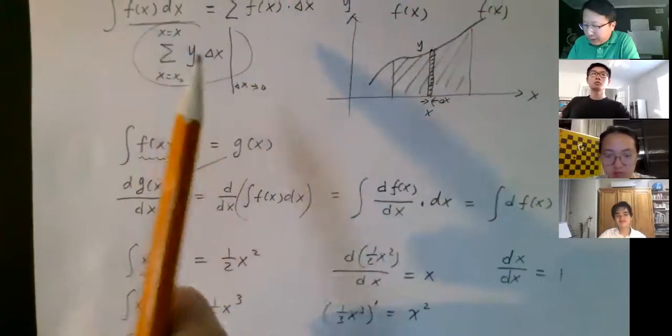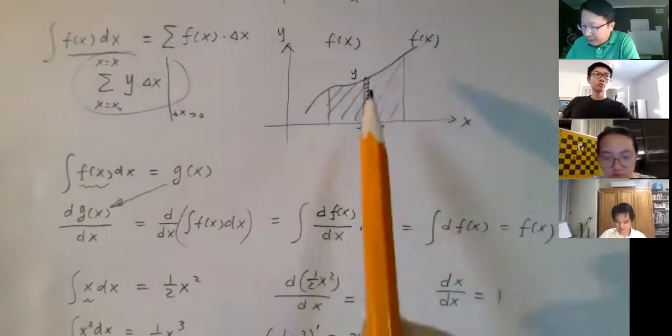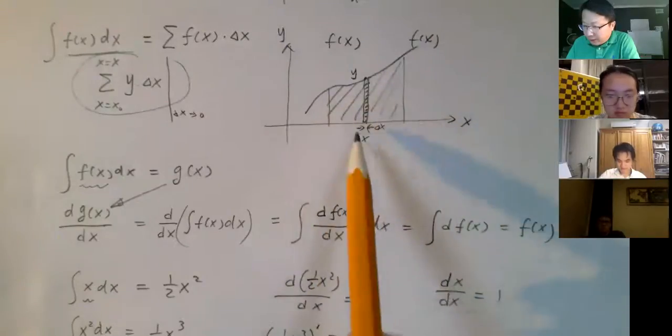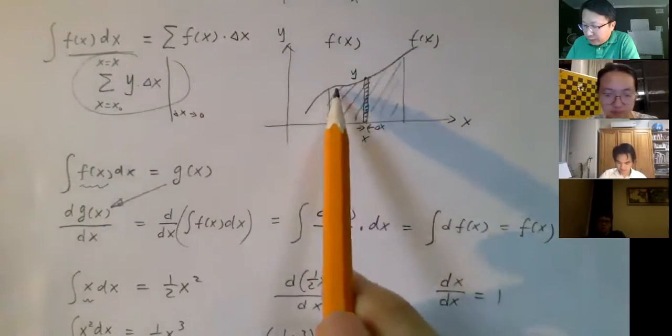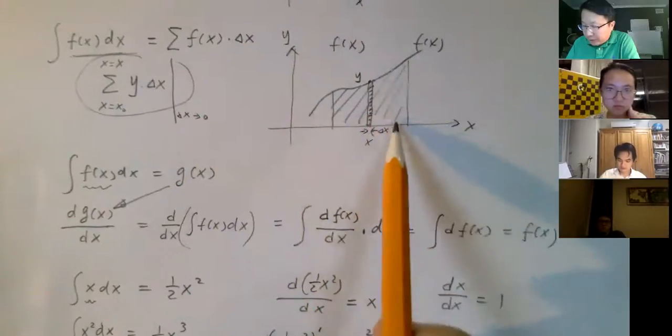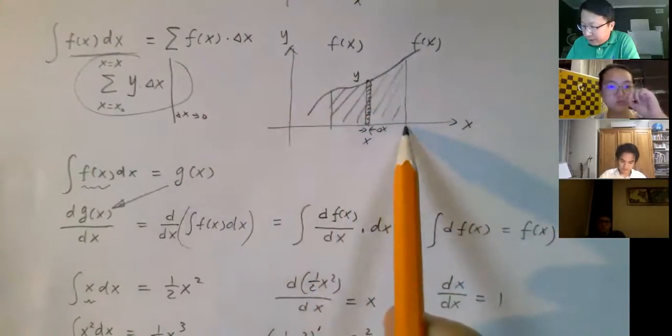Okay, and from there we come to another definition called the integral. The integral definition, as a graphing concept, is really talking about the function f(x) graph here, and how to calculate the area underneath this curve from this location to that location.